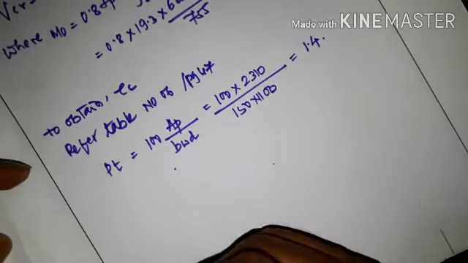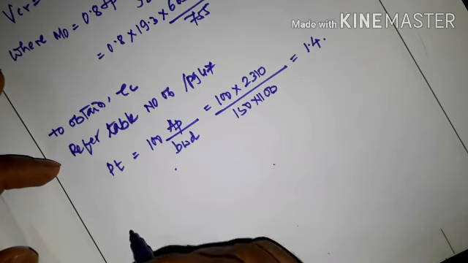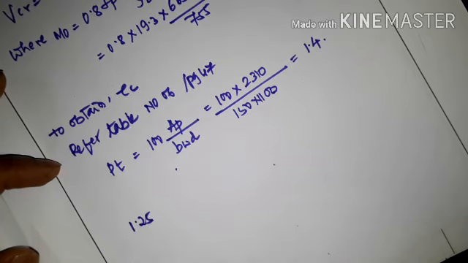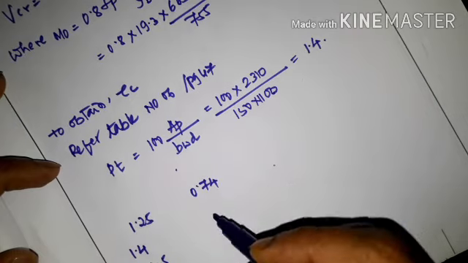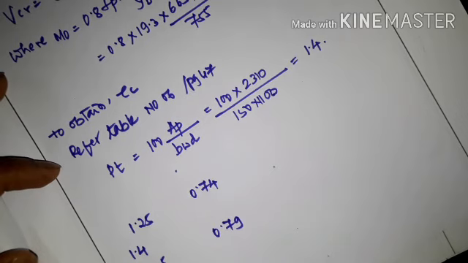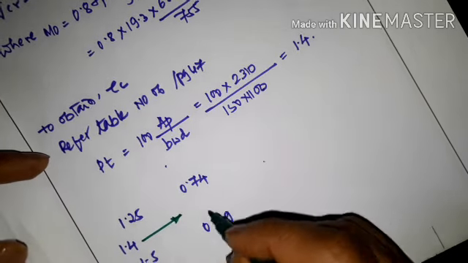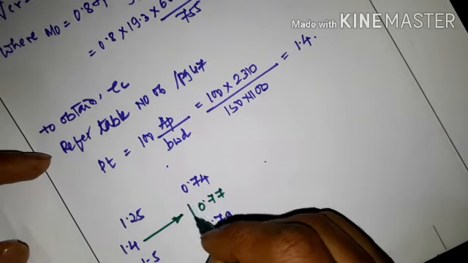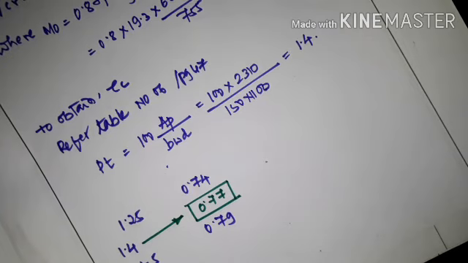Now you have to refer to the table. For that you have to interpolate between 1.25 and 1.5, since our value is 1.4. For 1.25 the value is given as 0.74 and for 1.5 it is 0.78. After interpolation we get 0.77 Newton per mm square.